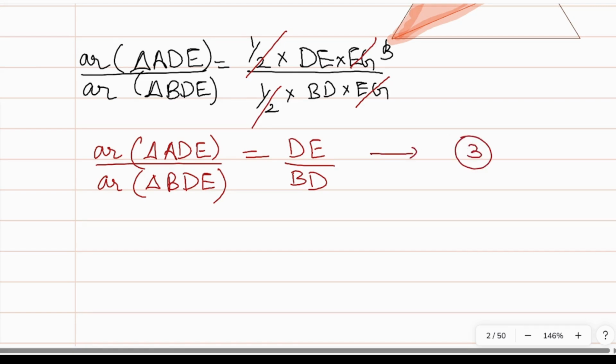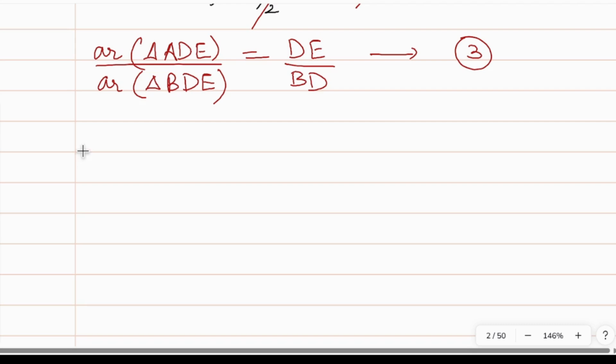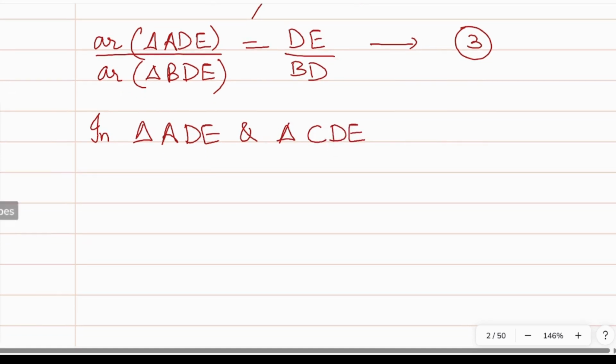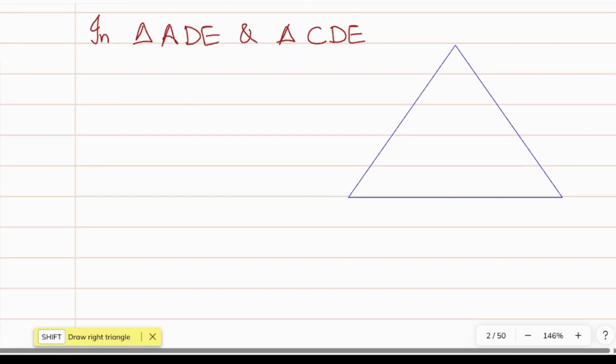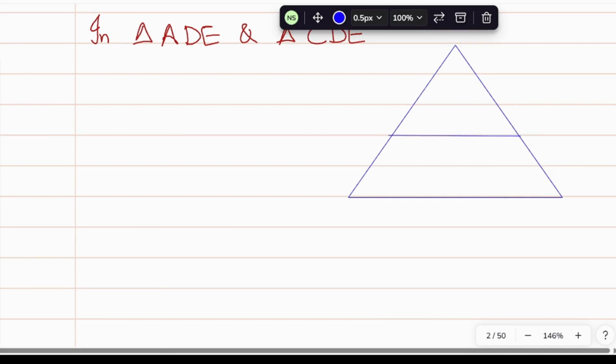Okay. Now what I have to do? Similarly, I have to take triangle ADE and triangle CDE. Let me draw the triangle here. This is the triangle ABC, and this is that parallel line.